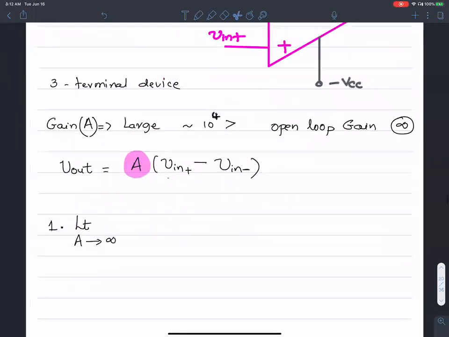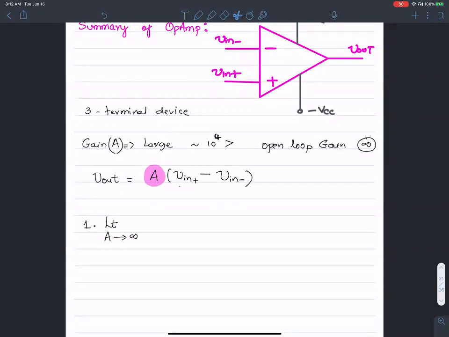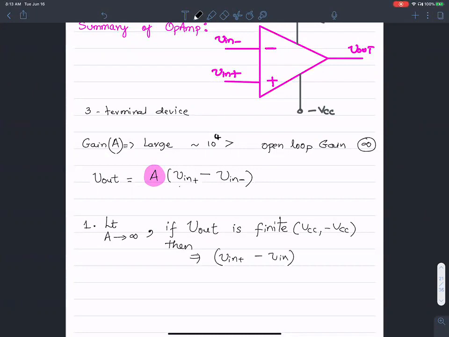If V output is finite, not saturated at the power supply or negative power supply, then the only implication is that V in plus minus V in minus is really, really small. So this tends to 0.